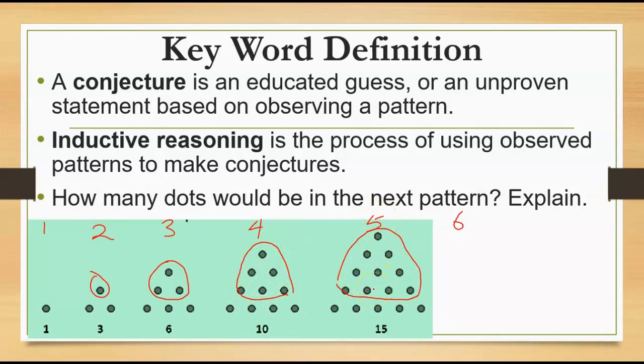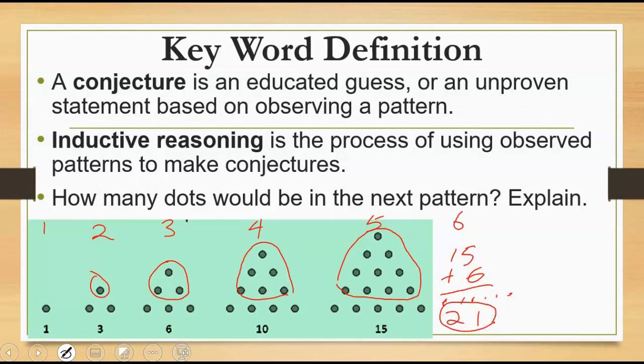So now we can see this pattern goes for all of them. So what will be in the sixth one? The sixth is going to have 6 dots at the bottom: 1, 2, 3, 4, 5, 6. And then it's going to add on the 15 from here. So we're going to have 15 plus 6 to get how many dots will be in the next one. That will be 21.